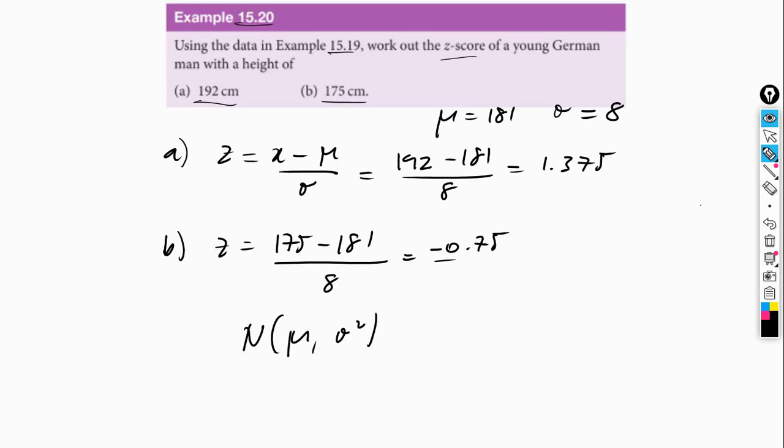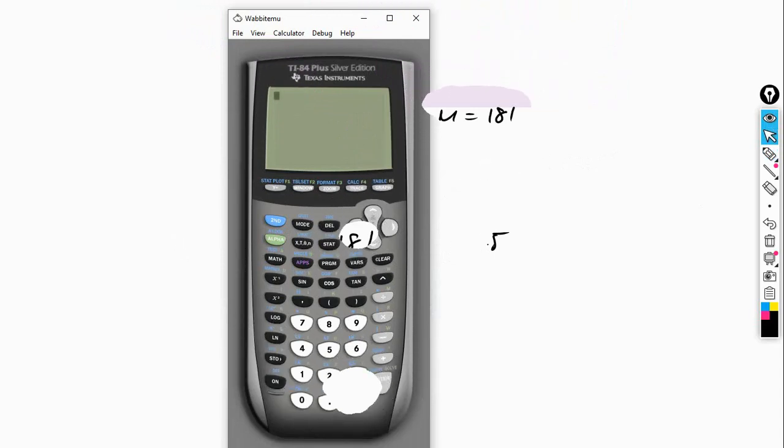So I'm going to show you how to find the probability that the random variable x lies between 175 and 192 centimeters. What we do is we go to second vars, and that takes us to distributions. And we want to pick number 2, which is the normal cumulative distribution function.